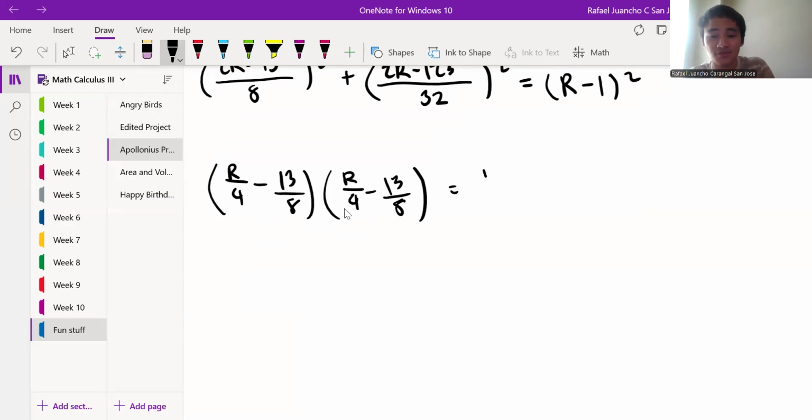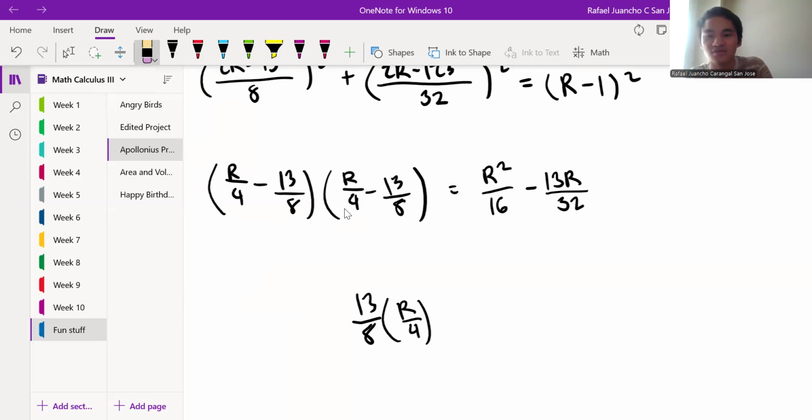So here I should get, we just do FOIL. 4 times 4, 16. What's this? 13, 8 times r to the fourth. Oh, it's just 13r over 32. And I do it twice. And so I get 13 plus itself. That's 26.